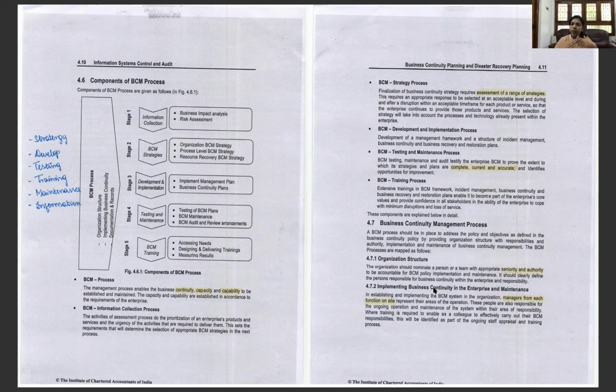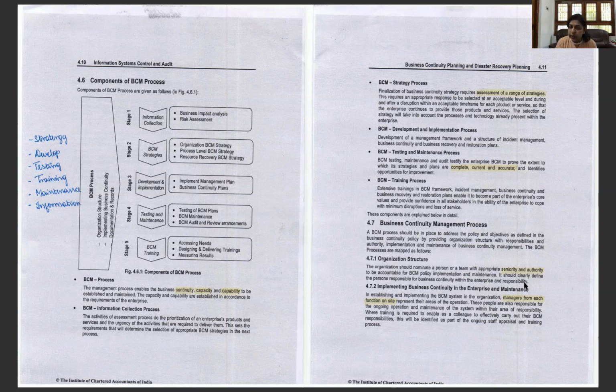So first, for that, we need to define the organization structure. Top level, middle level, strategic level is what it's all about. So organization structure. The organization should nominate a person or a team with appropriate seniority or authority to be accountable. And it should clearly define the person responsible for business continuity within the enterprise and their responsibility.